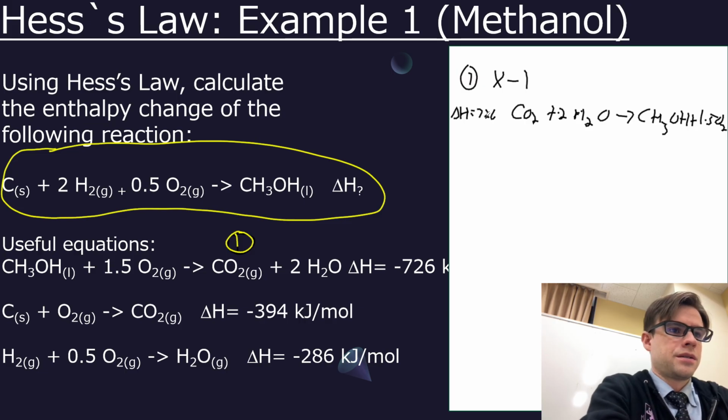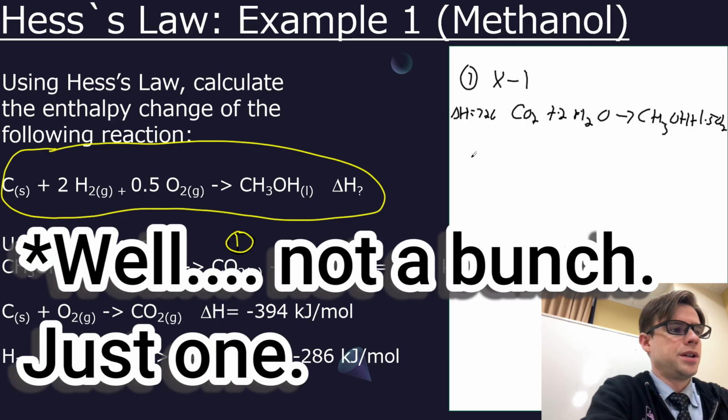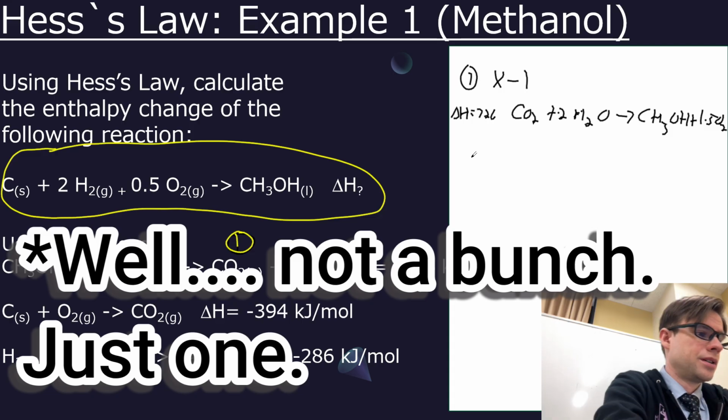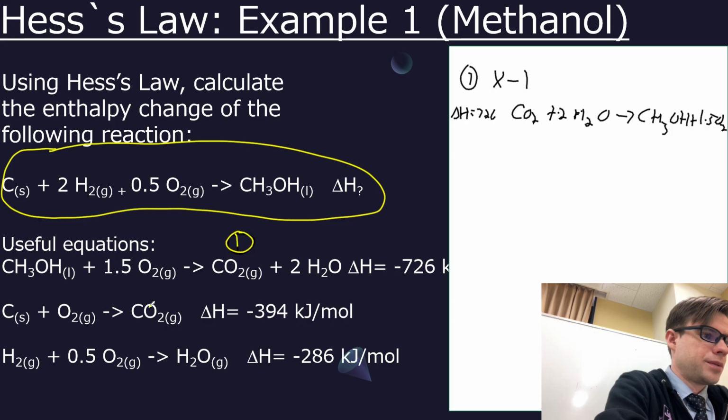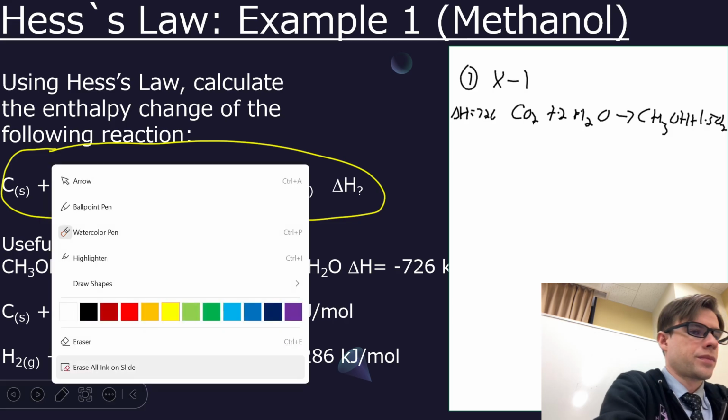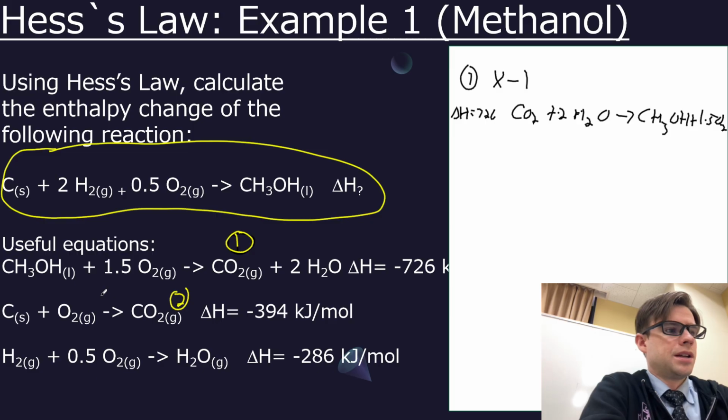Okay, so what next? If we look at what else we need, a bunch of carbons on the left side as a reactant in our final target equation in yellow here. So if I take my second equation, maybe I will label this number 2. This has a carbon in it, and it's 1 carbon, that is what I want.